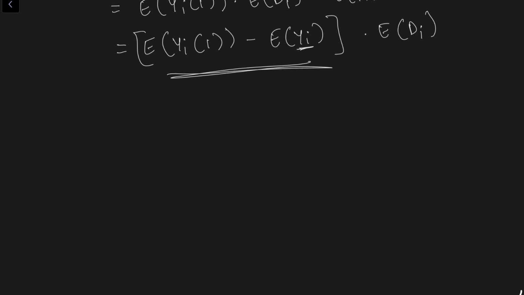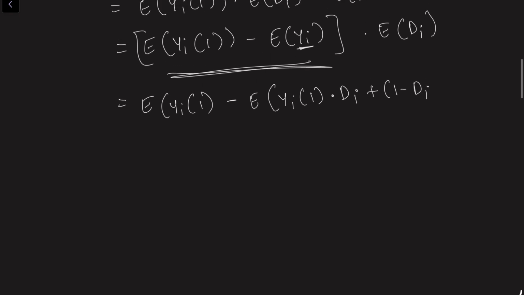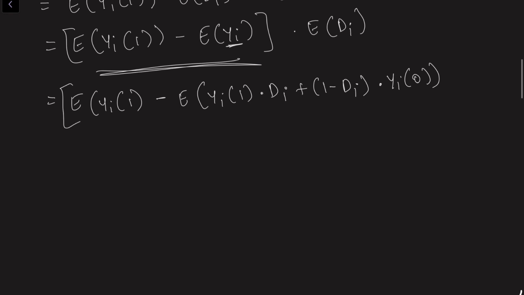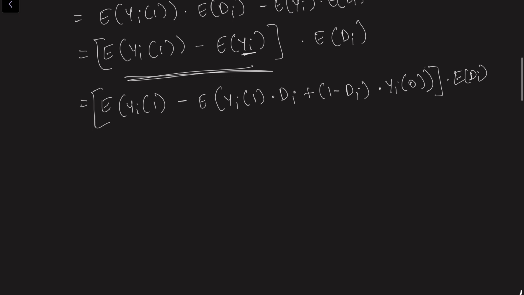The second term can be written this way. So expectation of yi of 1 minus expectation of yi of 1 di plus 1 minus di times yi of 0. Okay, so this whole thing is times expectation of di. Now what may we do?